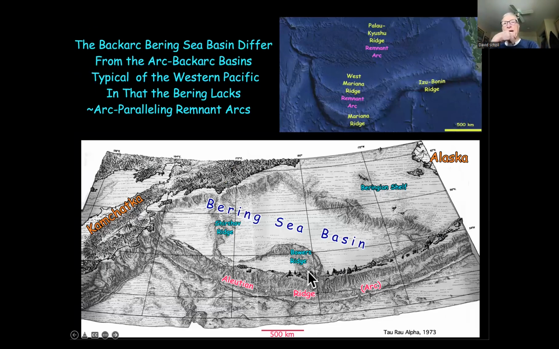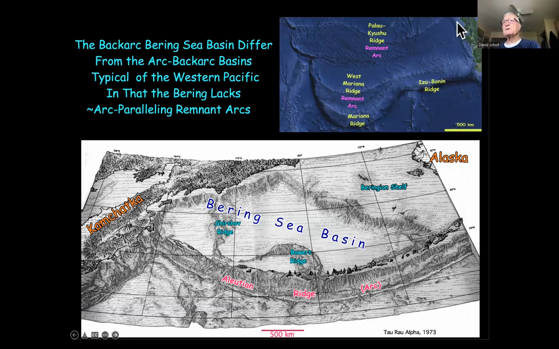We'll get to that in a second here. Here's an old diagram. In the old days, and I do mean the old days, 1973, here by Tanya Atwater. In order to get a visualization of what the Bering Sea looked like, we had to draw it. We did not have Google Earth. The back arc Bering Sea basin seemed to us back here to differ from the back arc basins typical of the Western Pacific, in that the Bering lacked an arc-paralleling remnant arc.